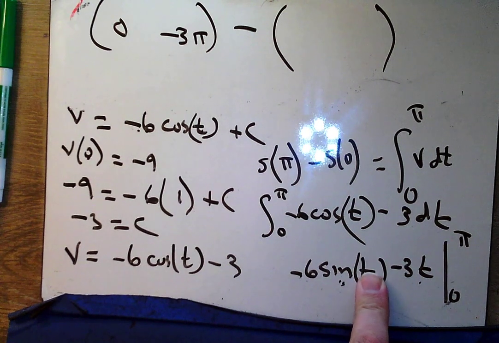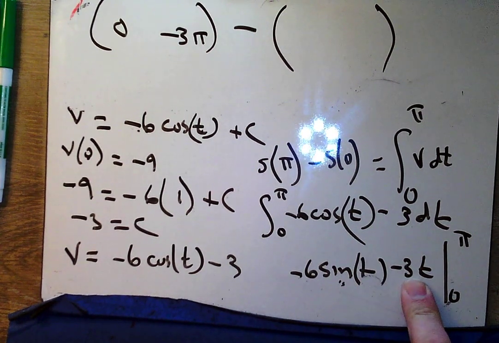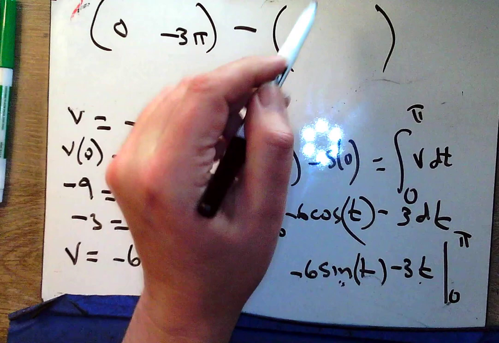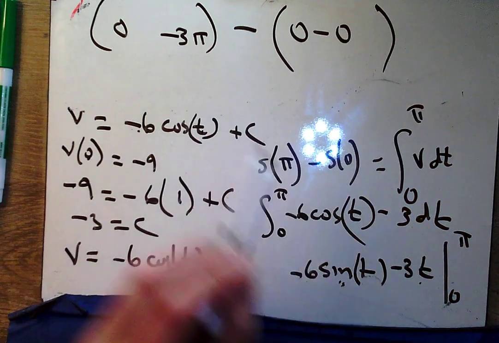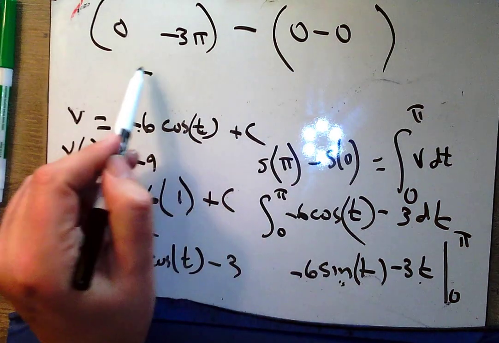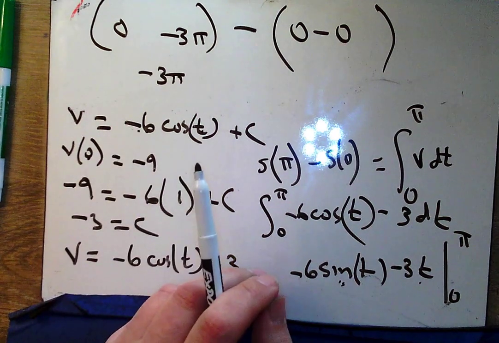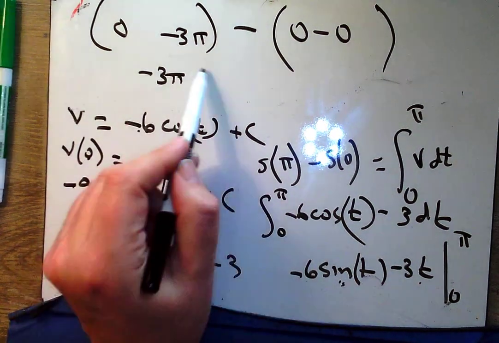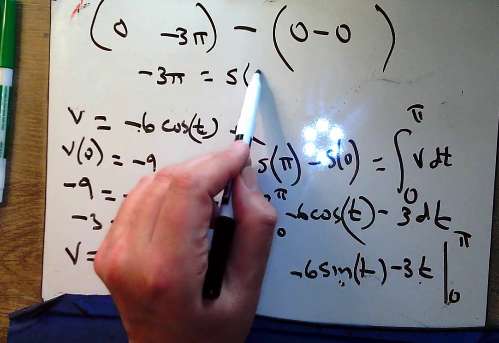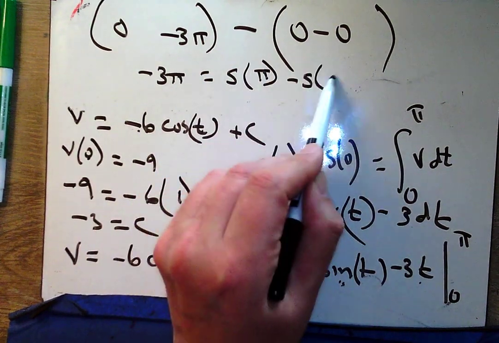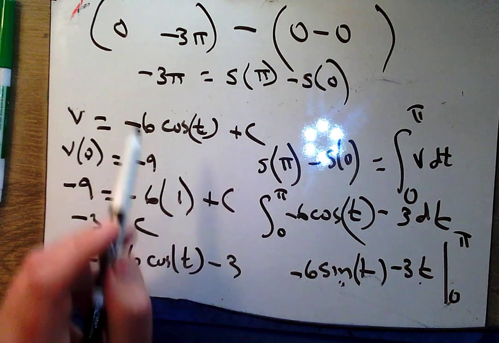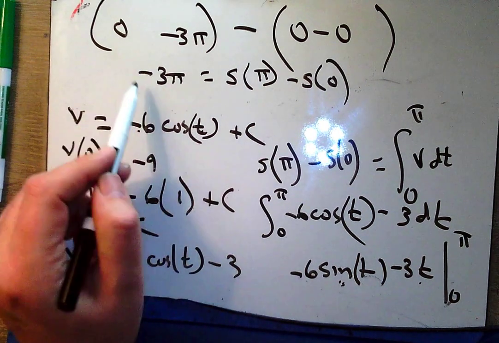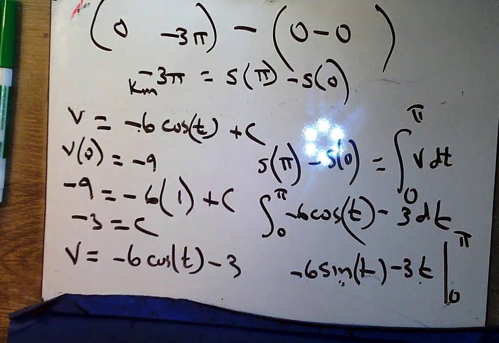Sine of 0 is 0, and 3 times 0 is 0. Okay, and so I end up with negative 3 pi is the displacement. That's equal to s of pi minus s of 0. And these are in kilometers.